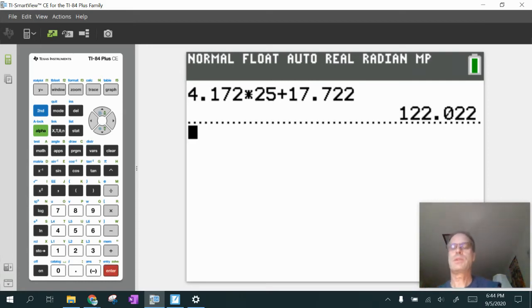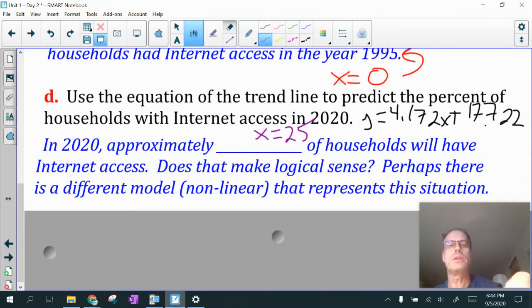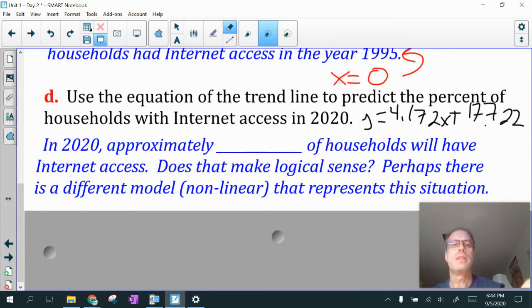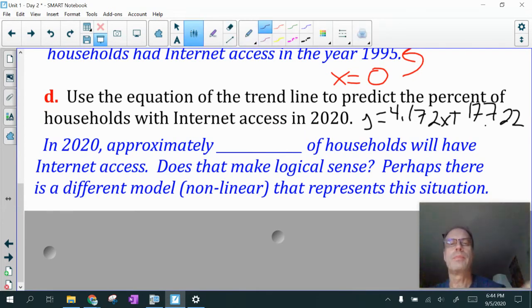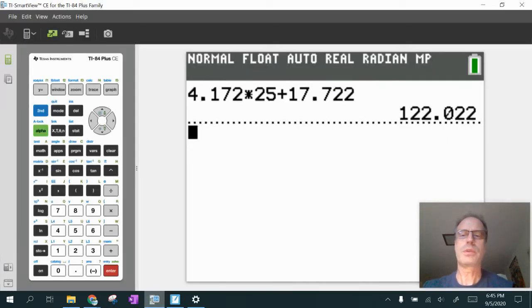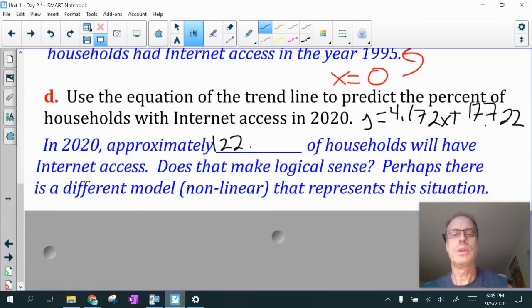I can now enter that, and according to my equation, that means 122.022% of households will have internet access. Does that make any sense? No, of course not. Well, maybe something's gone wrong.